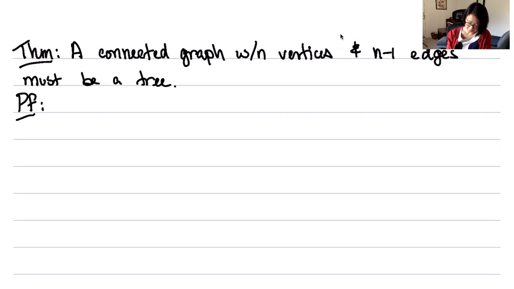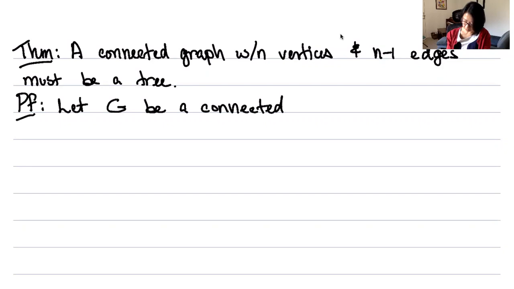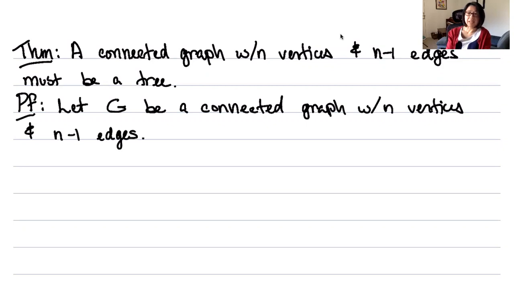Let's suppose, so let G be one of these things, connected. This is a connected graph with n vertices and n-1 edges. So it's already connected.